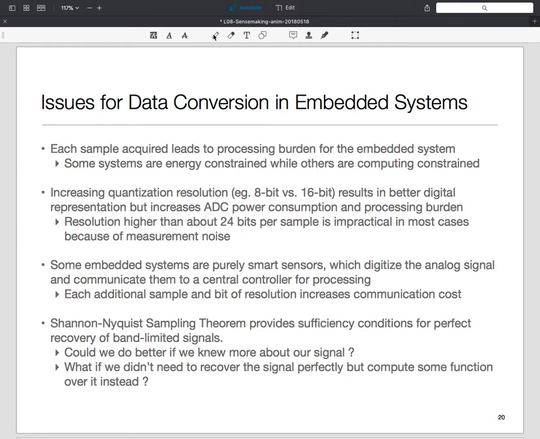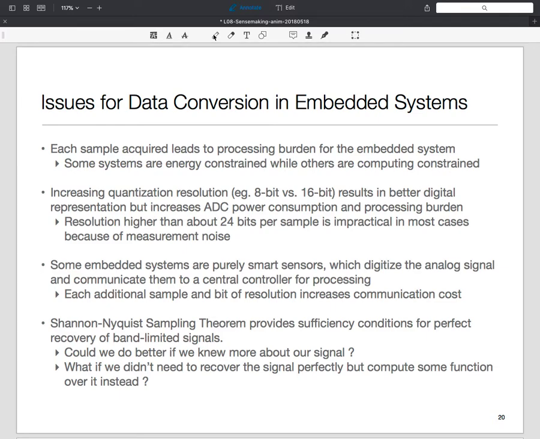This goes back to what I said about the Shannon sampling theorem earlier, which is a sufficient condition. It tells you how I should sample so that I can recover the original signal in its entirety. But it's not a necessary condition. It doesn't mean that I have to sample at that rate, because maybe I know something more.